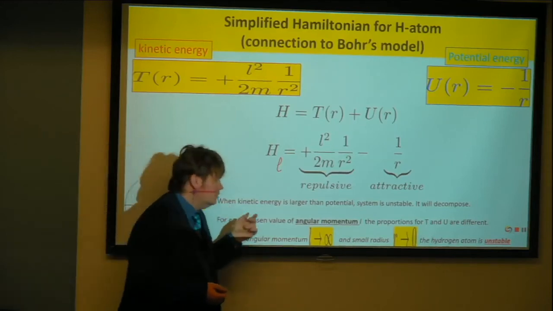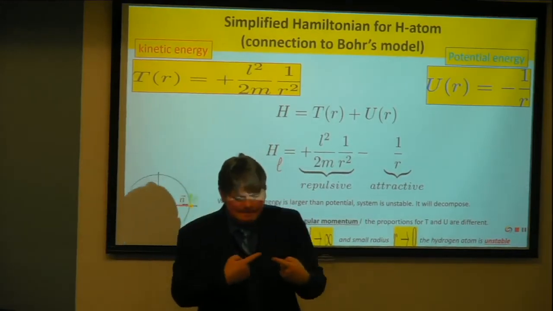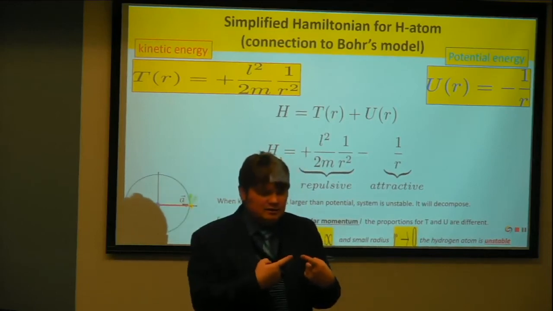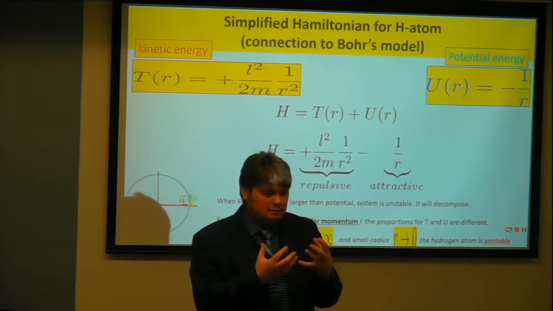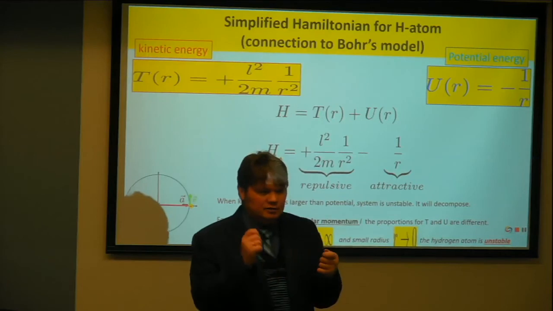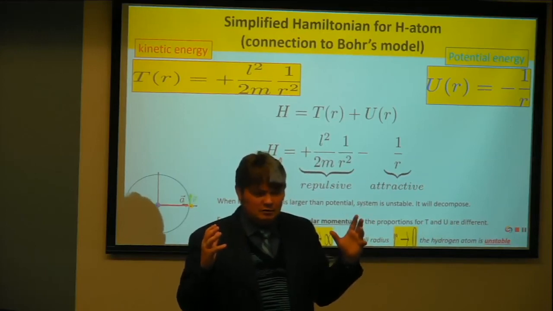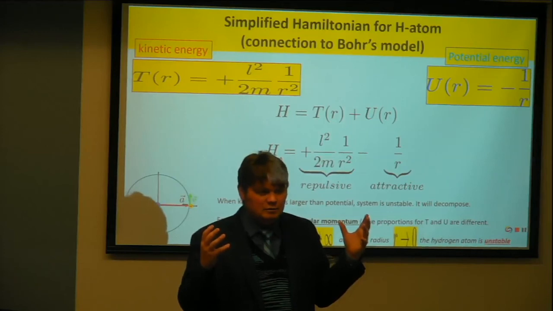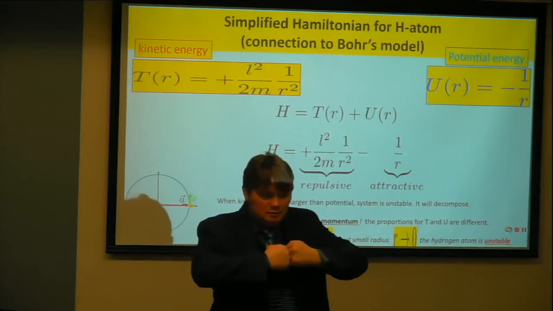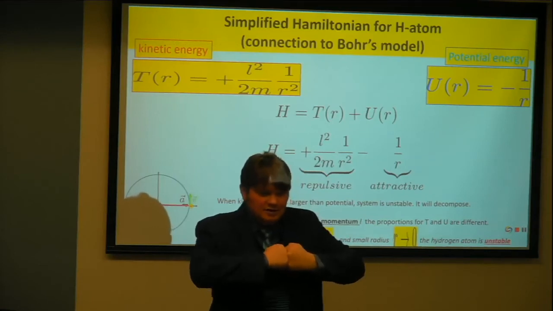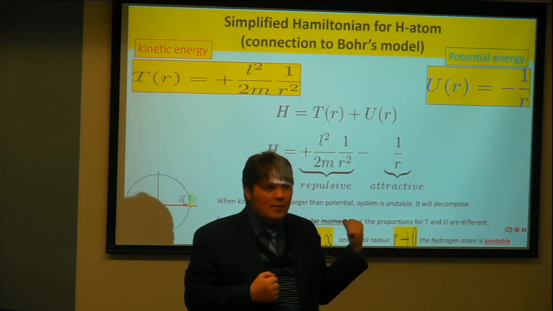So, we have two fighting tendencies, and we know that the solution is static. If the electron is revolving at a certain distance, nothing happens, it doesn't explode, there are no reactions. Philosophically, what does it mean? Neither mechanism wins.